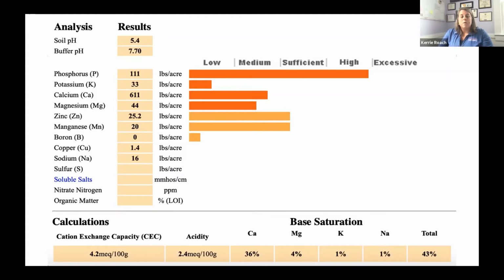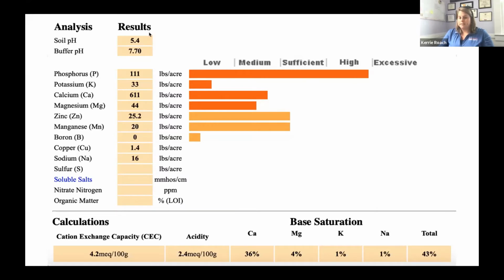So just locating all those things on the soil sample report is the first part, and figuring out, okay, here are all the things that are important. What do I do with them? We were talking about that soil pH. And so that soil pH is right here, that 5.4. Like I said, that's very normal for us here in the upstate.